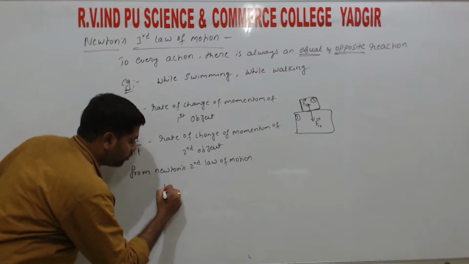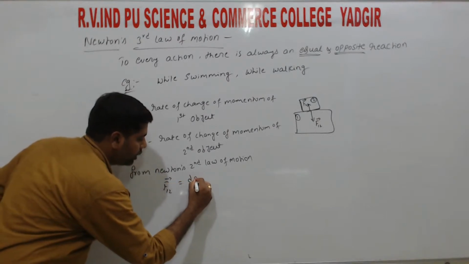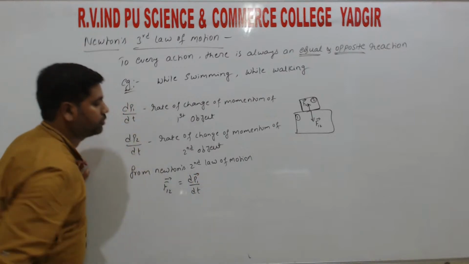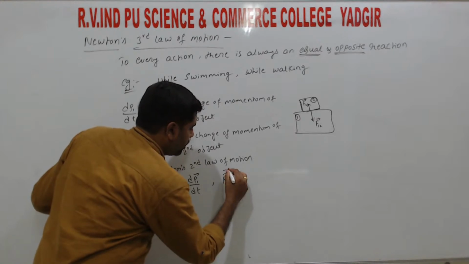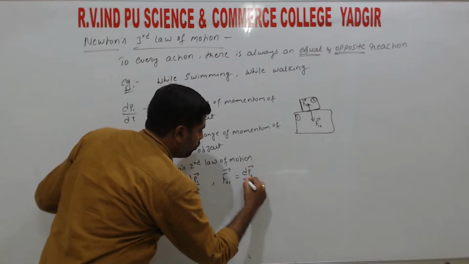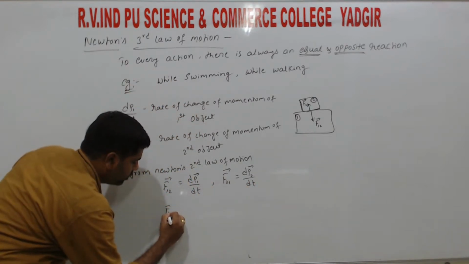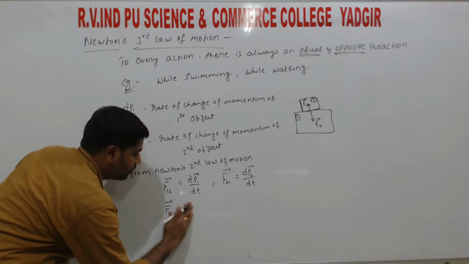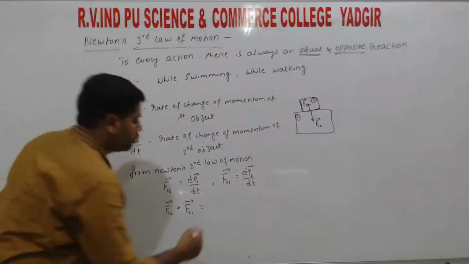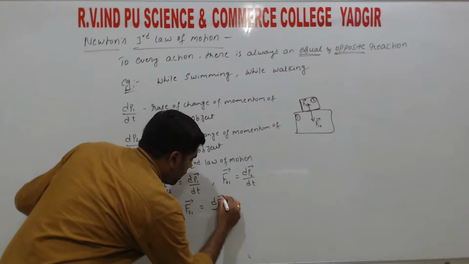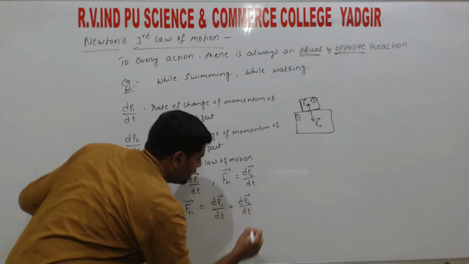So from Newton's second law of motion, F12 is equal to dp1 by dt. As momentum is also a vector, in the same way F21 is equal to dp2 by dt. Now adding these two forces, F12 plus F21 is equal to dp1 by dt plus dp2 by dt.